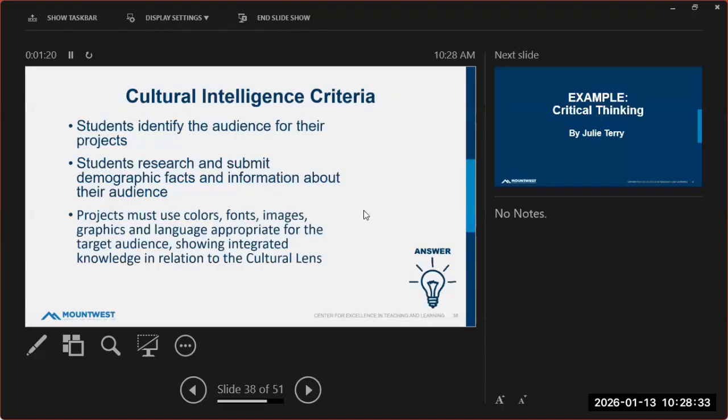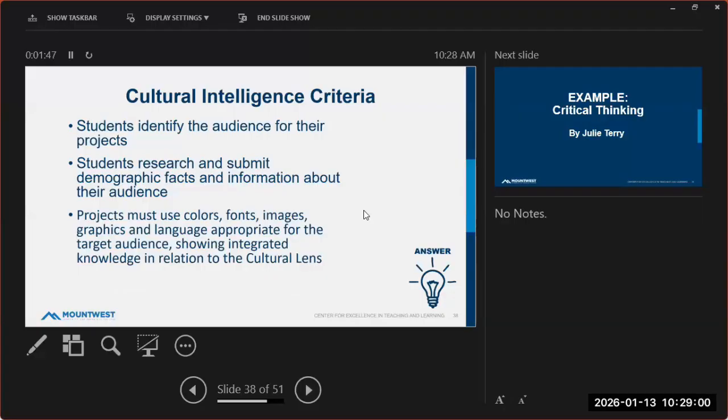So for cultural intelligence, they do need to identify who their audience is. For one project last year, we had paranormal people who like to take haunted tours and night projects and stuff like that. So that's young people or people interested in the paranormal and the goths, so they had a specific audience.